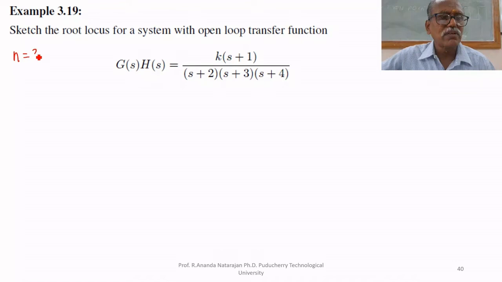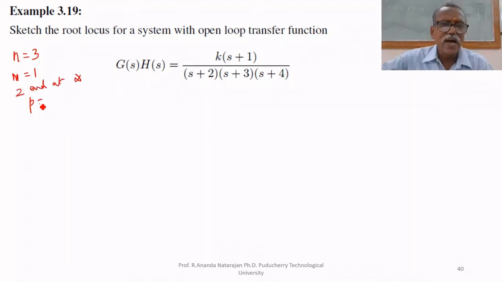The remaining 2 will end at infinity. What are the poles? Poles are minus 2, minus 3, minus 4. Zero is at minus 1.